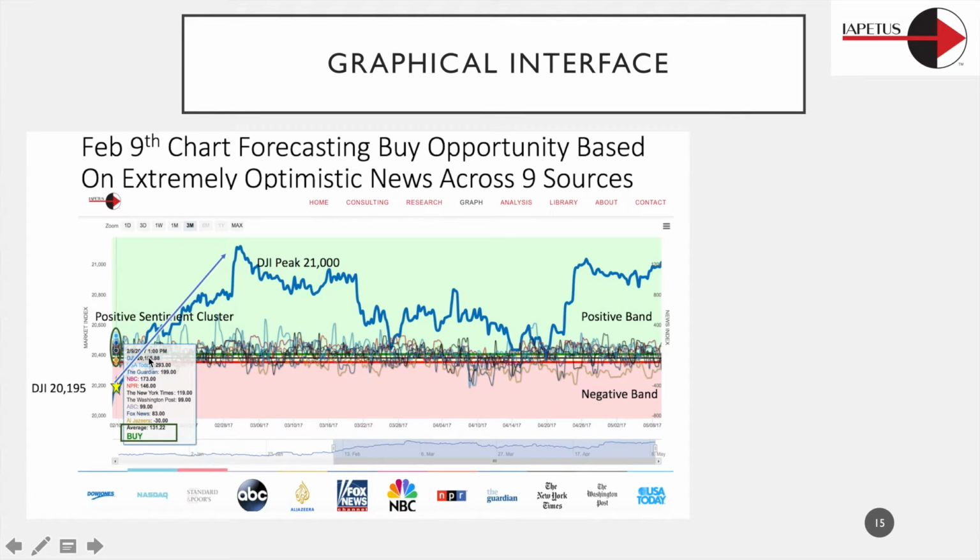And we have here our news sources, and these values are from hundreds of articles that were scanned at this time. So at that moment in time, on that day, we average that out, and if it meets a threshold, then it kicks out this recommendation: buy this market.